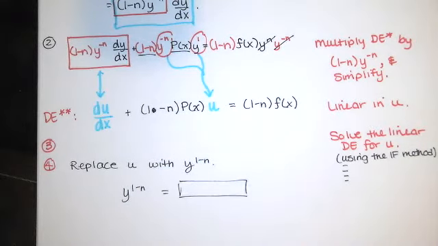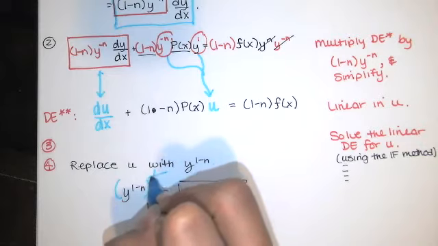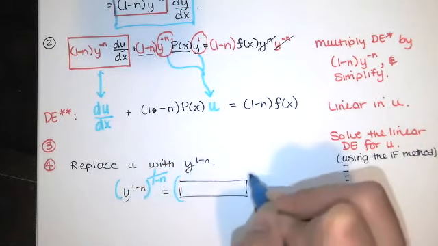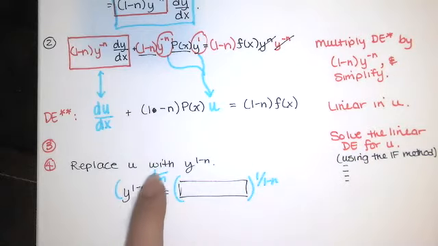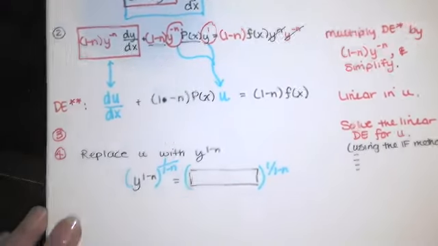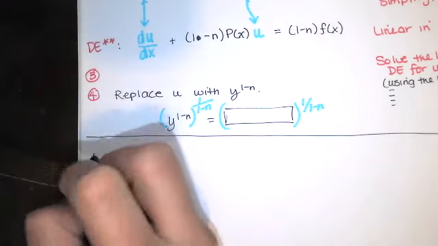And you're trying to get y by itself. So to get rid of this power, you're going to raise both sides to the 1 over 1 minus n power. Because that times that would give me a 1, and then you're going to have y by itself. Okay, so that was a really messy way to say this. Let me make it a little bit cleaner for you for your notes. Here's the method.